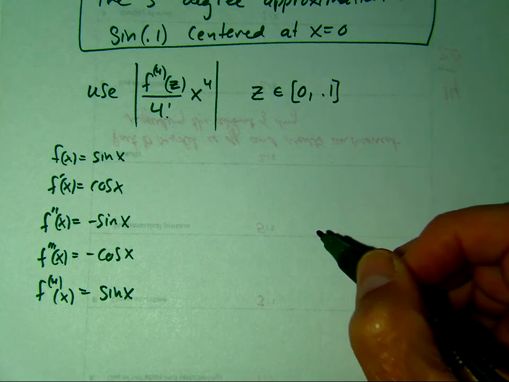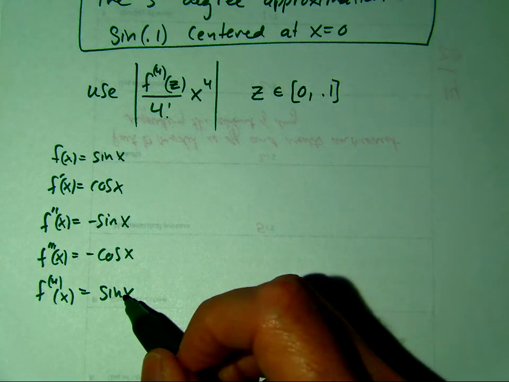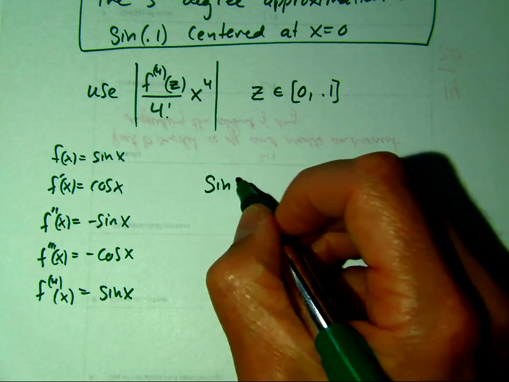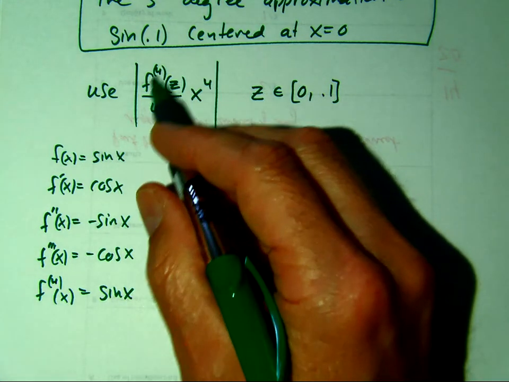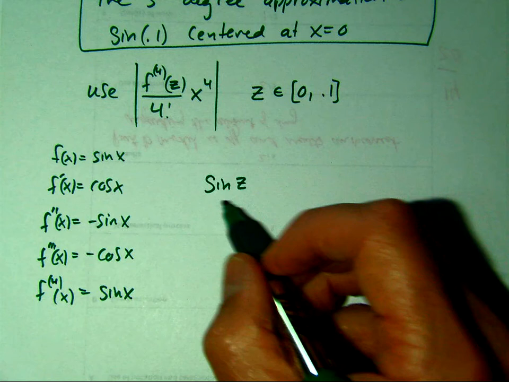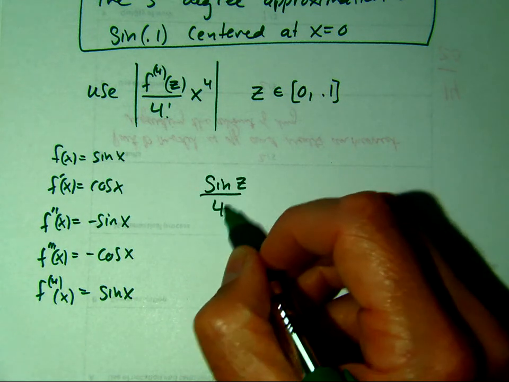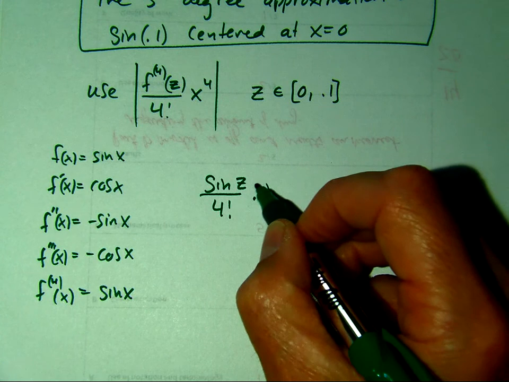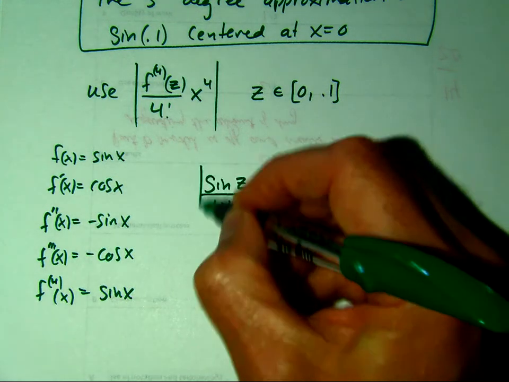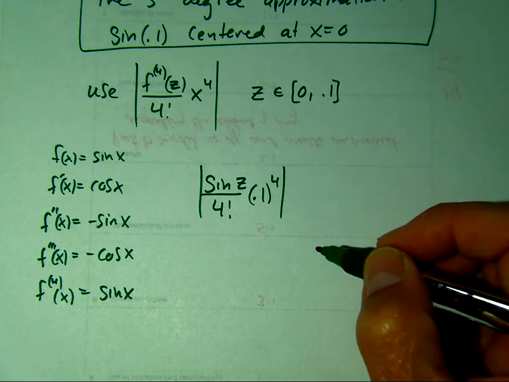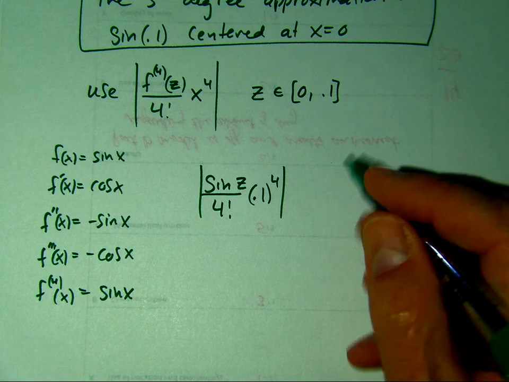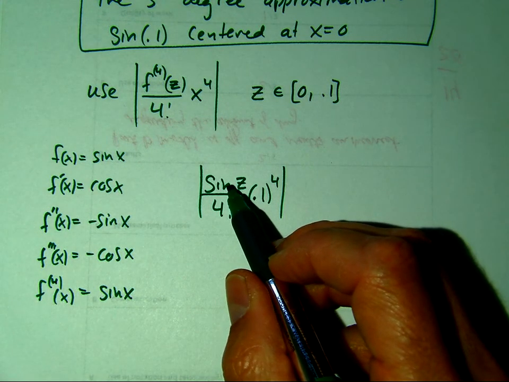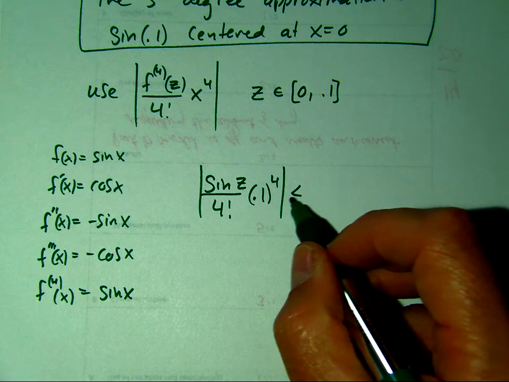So we have the fourth derivative, sine of z, over 4 factorial, times 0.1 to the fourth. The absolute value of that is the exact error, but we know that sine has a maximum of 1 and a minimum of negative 1. So why don't we just say, let's make that a 1.